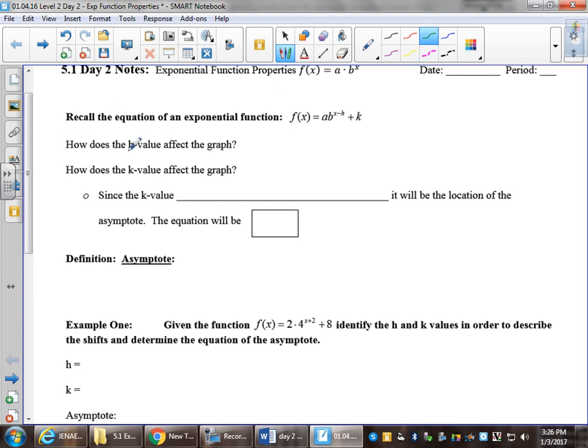Let's first answer, how does the h value affect the graph? So very carefully, I'm going to try to circle h, but I don't want to write over the negative sign. So if you can kind of circle it without covering up the negative, the minus sign. h is the horizontal shift.